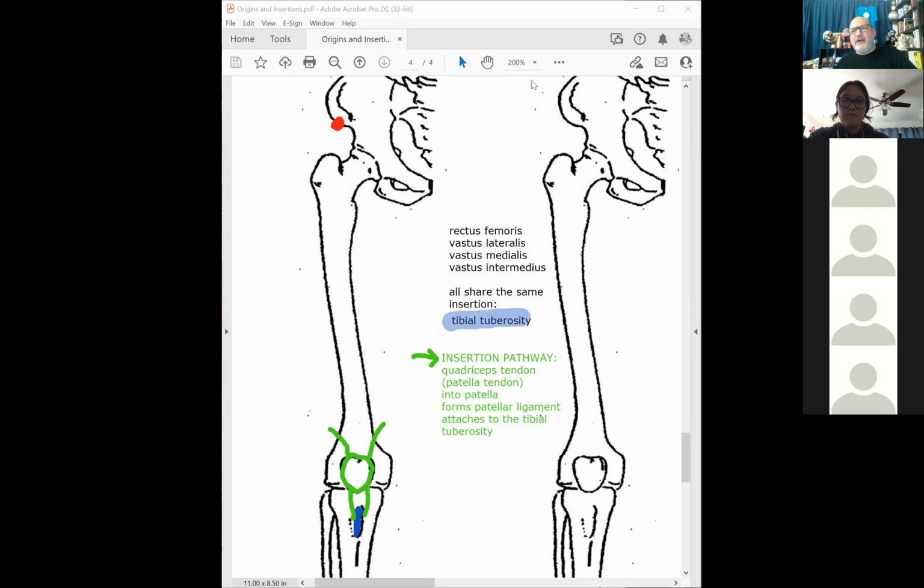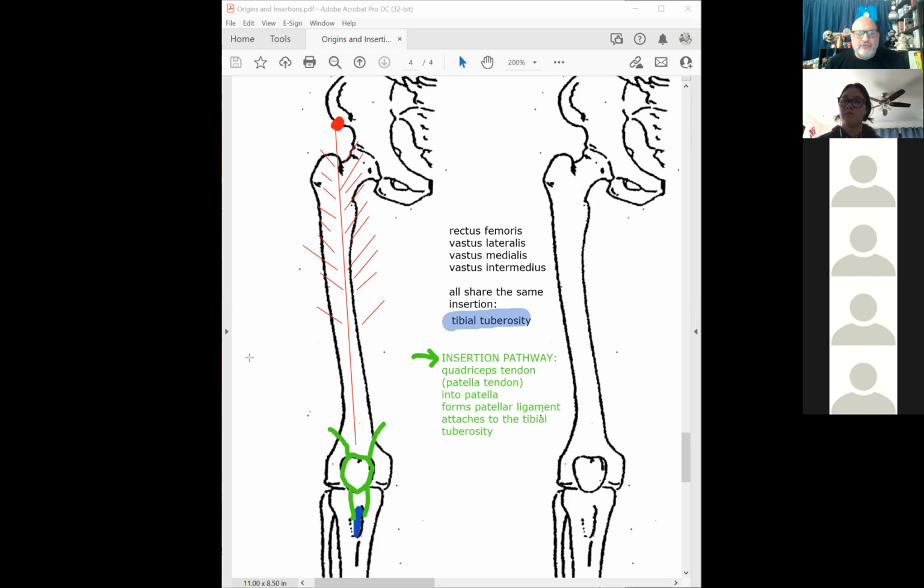Remember, as we talked about, this is a bipennate muscle, a single tendon that goes straight down, hence the name rectus femoris. And then it has not one, but two rows of fascicles coming into it. With these two rows of fascicles coming into it, we have many, many hands pulling on that one tendon.